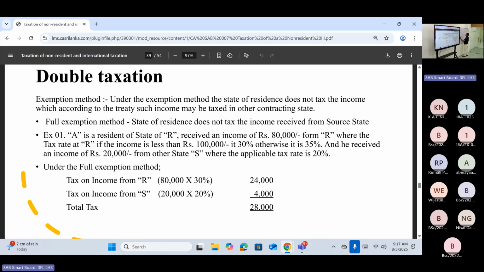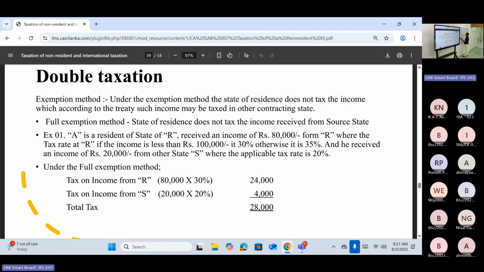In country R he received 80,000 directly, and in country S he received another 20,000.